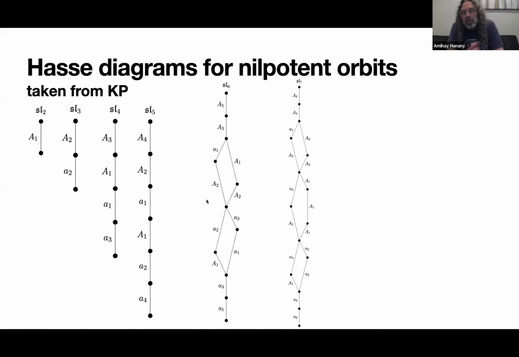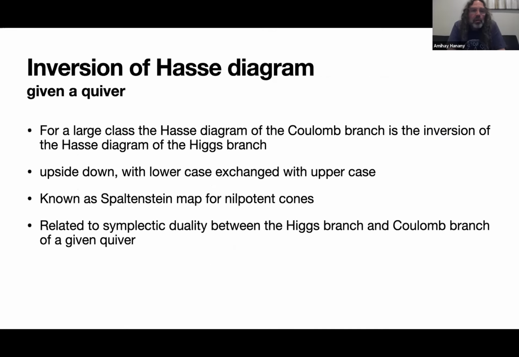And one of the reasons is that if I look at the quiver construction for the nilpotent cone, the quiver itself has a Coulomb branch which is equal to the Higgs branch. And so this calls for the notion of an inversion of a Hasse diagram.